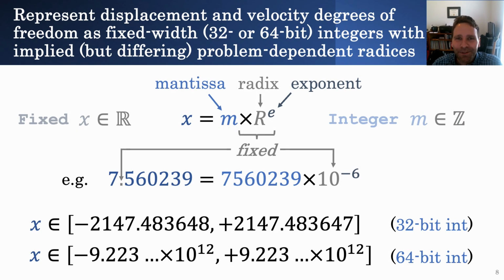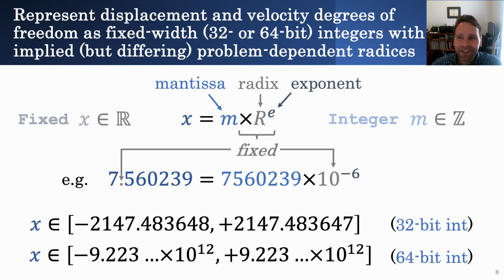The answer comes from not using floating point, but instead using fixed point algorithmic procedures and fixed point arithmetic. Now, what is fixed point anyways? Maybe you've heard of it before, but fixed point numbers are really no different from floating point numbers. The only difference is that we fix the radix point associated with those numbers. In a computer, you represent a number using a mantissa, a radix, and an exponent if you're looking at a floating point number.